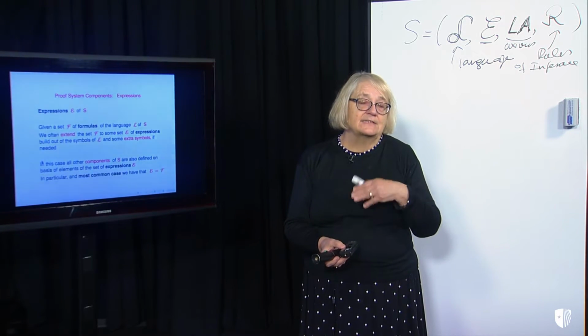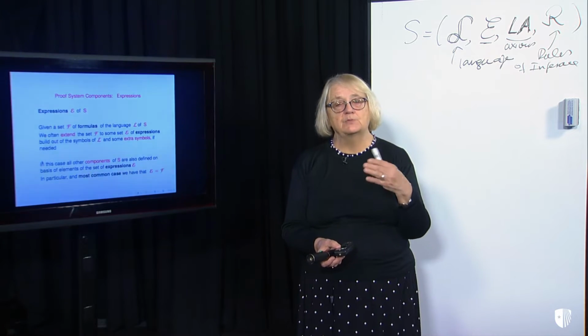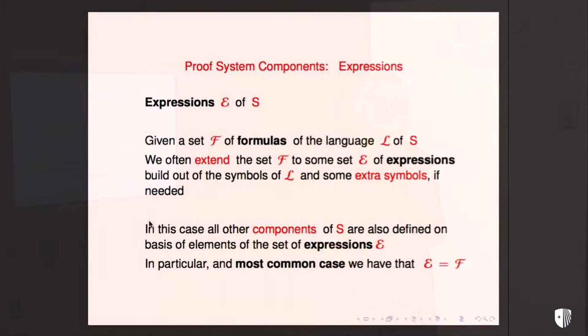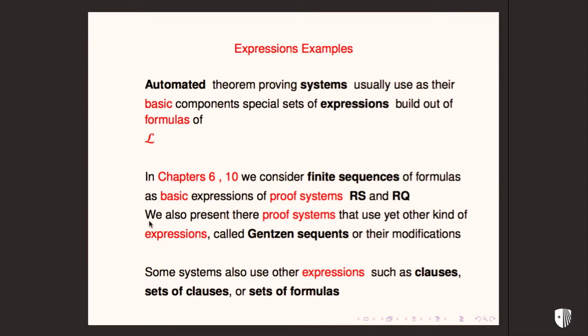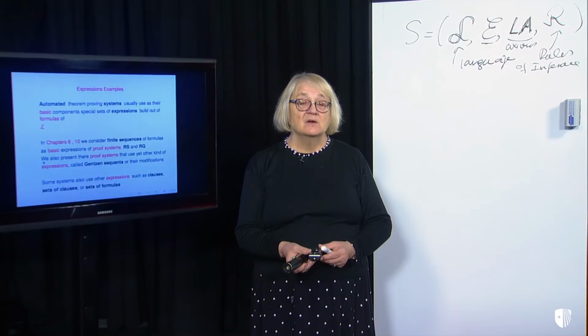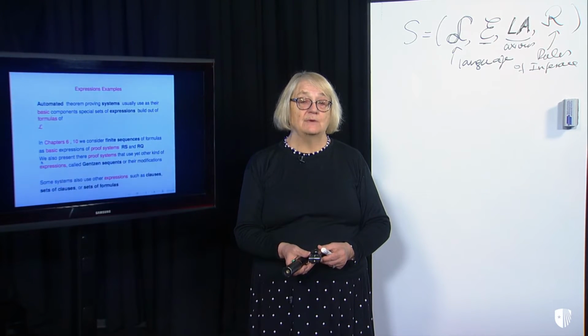Expressions are, as I said, formed from formulas, and for different proof systems we can form different expressions. For example, in automated theorem proving systems, usually we use a set of special expressions as the basic components. In chapters 6 and 10, we consider finite sequences of formulas as the basic expressions.